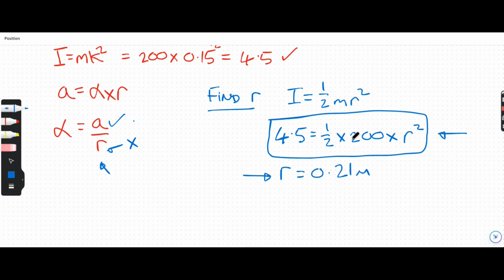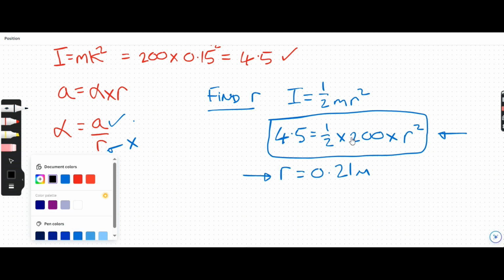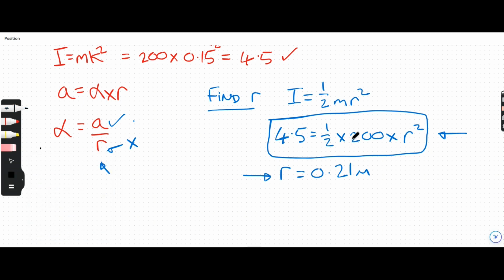Okay, so my angular acceleration is now going to be A, which I know is 2 from the question, divided by my radius, which I just worked out. You'll have to work your own out. 2 divided by 0.21 will give me my angular acceleration of the flywheel.